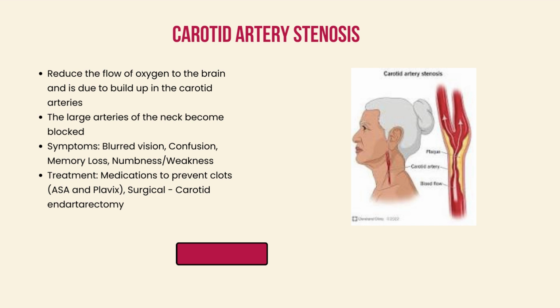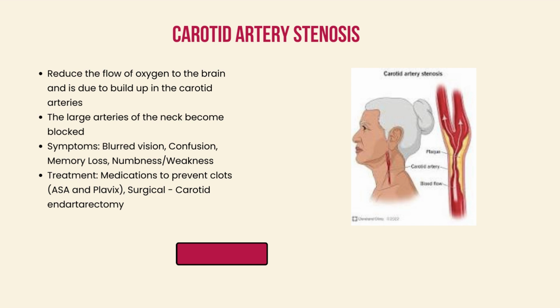The carotid arteries, like we all know, are the large arteries of the neck, and when these become blocked, the signs and symptoms that we see in patients usually would manifest kind of like a stroke. So they would have blurred vision, confusion, memory loss, numbness, and weakness.